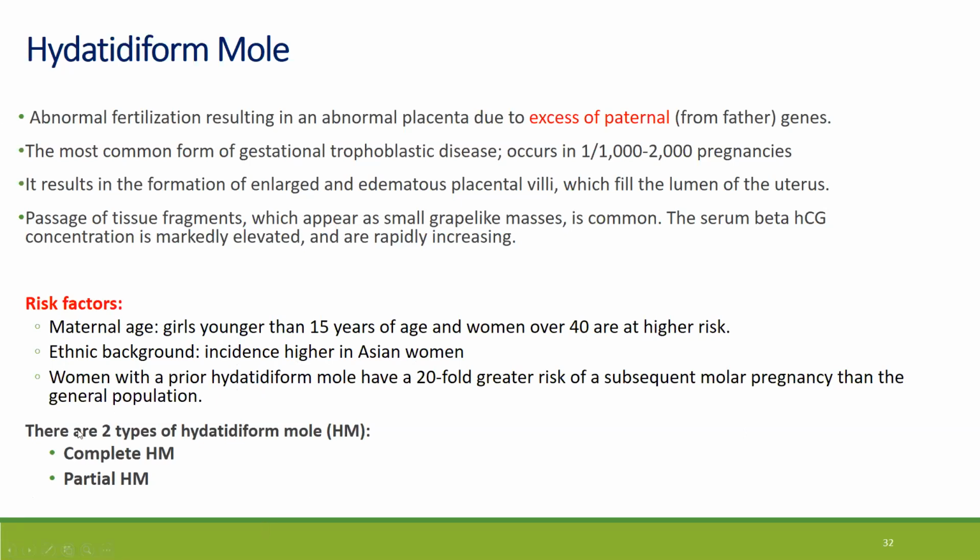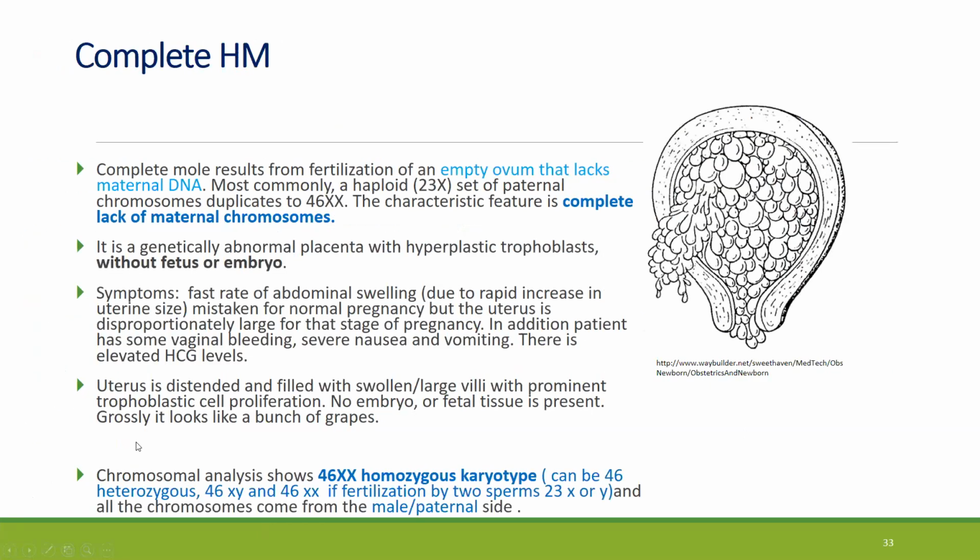Hydatidiform mole is divided into two types. The complete hydatidiform mole comes from the fertilization of an empty ovum, meaning there is no maternal chromosome, by paternal chromosomes.